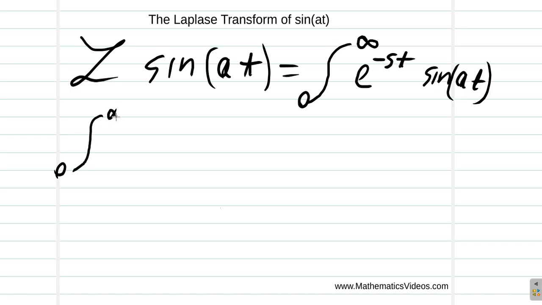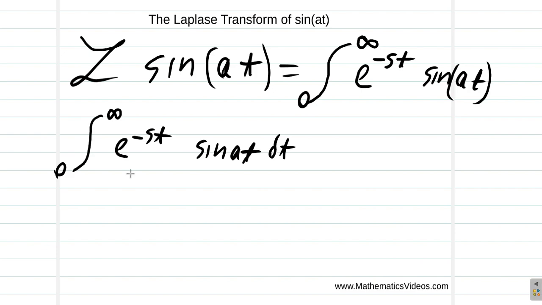The integral from 0 to infinity of e to the negative st sine at dt. Now here we want to use integration by parts, because we have an integral of a function of t multiplied by another function of t. You remember the formula for integration by parts, and it comes from the product rule in differentiation.